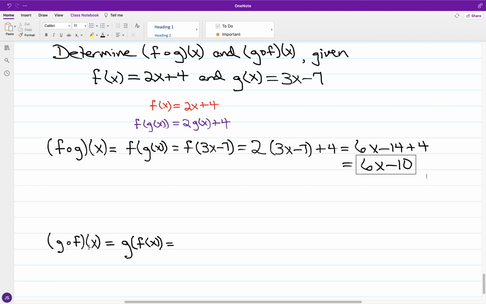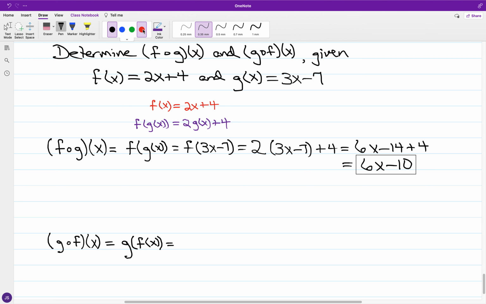Now for the reversal, for g composed with f of x, notice you have the leading function, or the outside function, to be g, and the g function is defined where taking the input, we have 3 times the input minus 7.